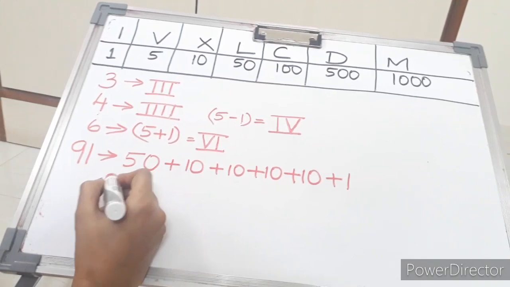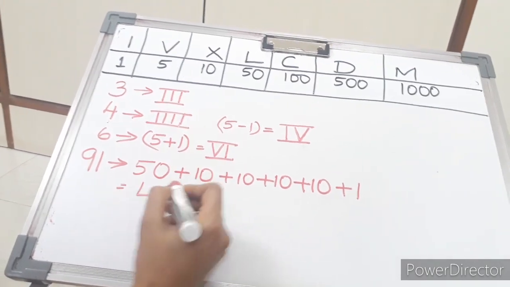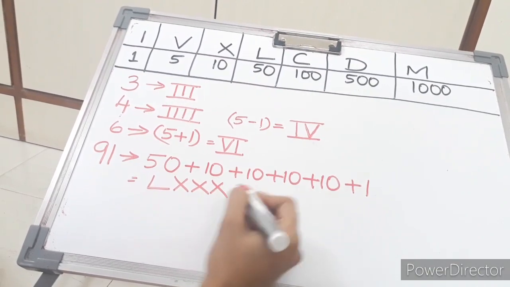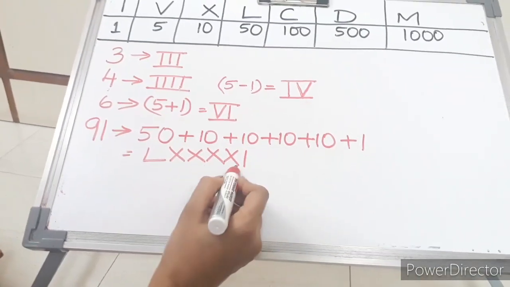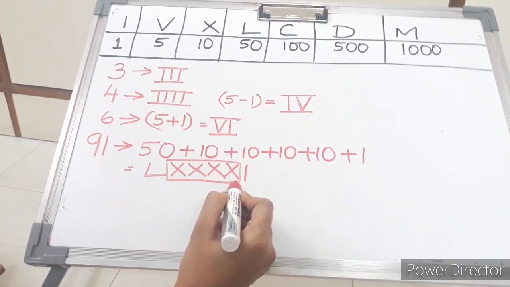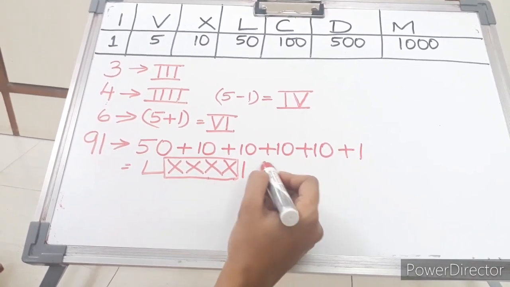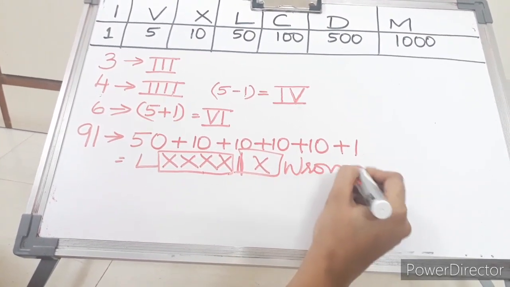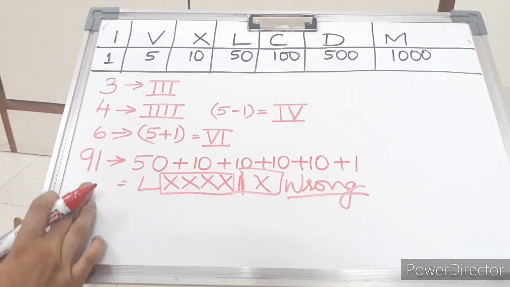So now you can see how we would write L, X, X, X, X and I. Now you can see what this is. This is repetition of the same symbol more than 3 times. So this is wrong. How can we solve this 91?